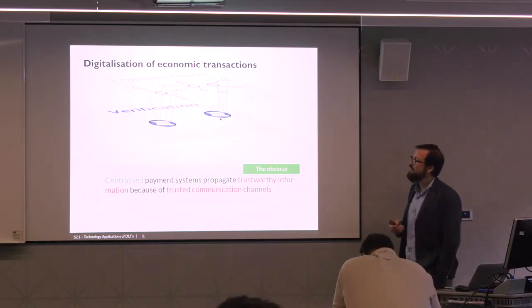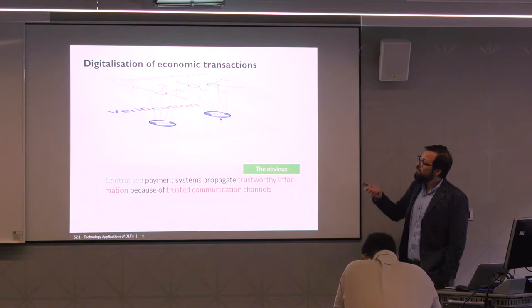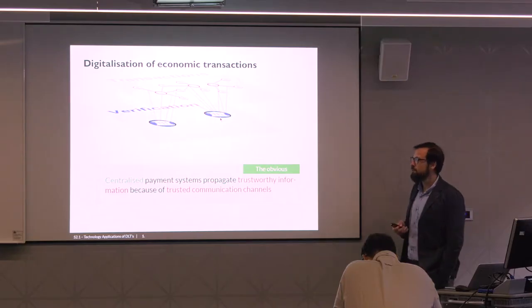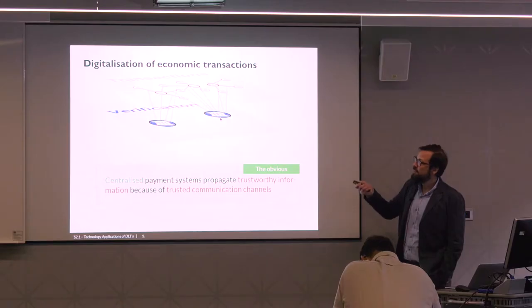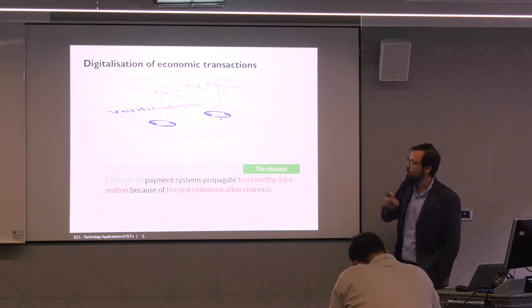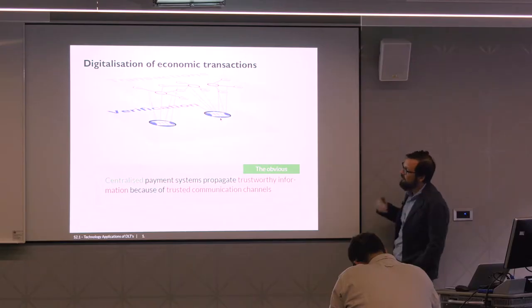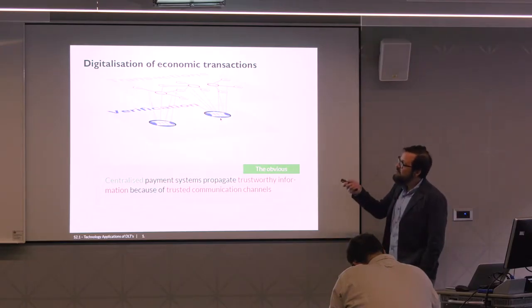What happens here in decentralized payment systems is that they are able to propagate trustworthy information through trusted communication channels. If this channel is in some way corrupted, or any actor in between is also tampered with in some way, the transaction is not safe anymore.